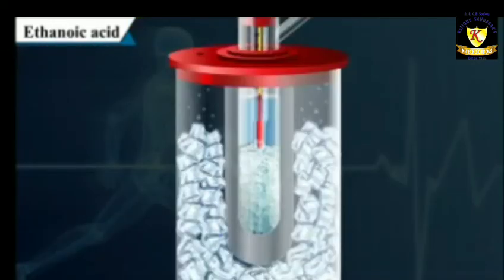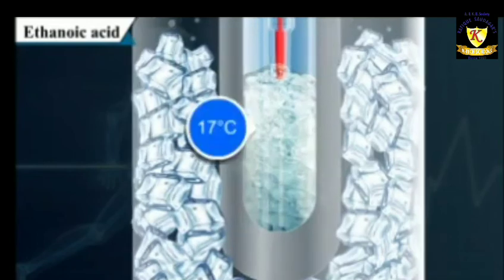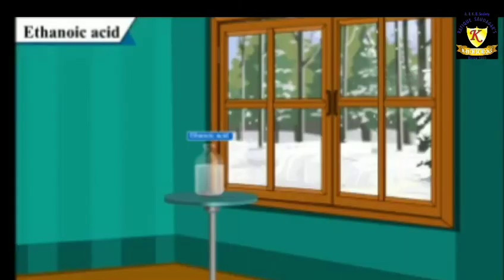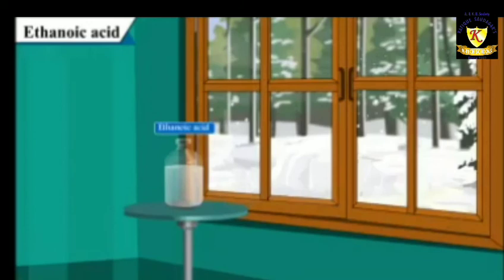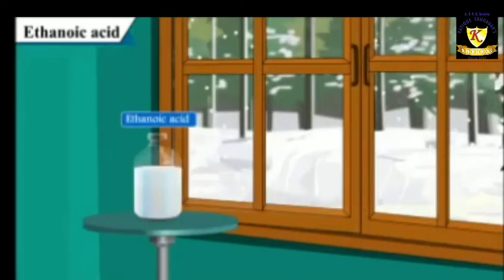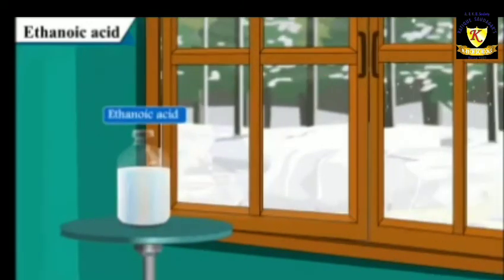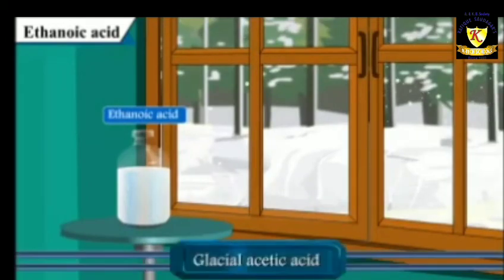The melting point of pure ethanoic acid is 17 degrees Celsius. Therefore, during winter in cold countries, ethanoic acid freezes at room temperature itself and looks like ice. Therefore, it is named glacial acetic acid.